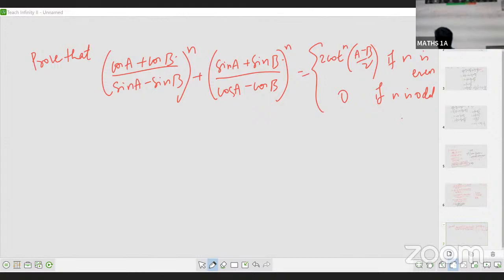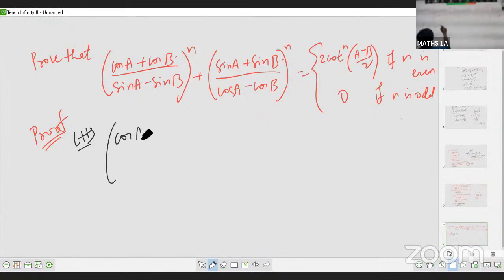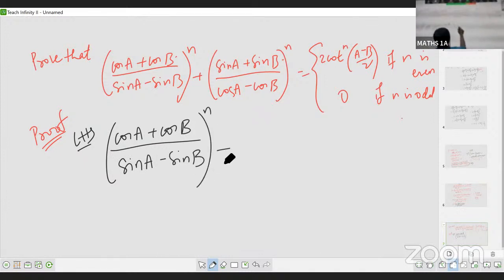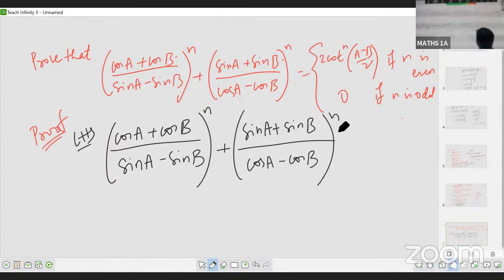Is it clear? Now see the proof. LHS: cos A plus cos B divided by sin A minus sin B its whole power n plus sin A plus sin B divided by cos A minus cos B its whole power n.